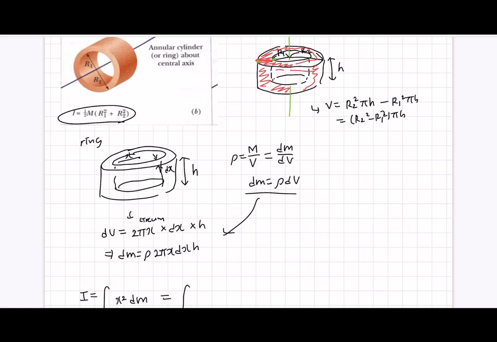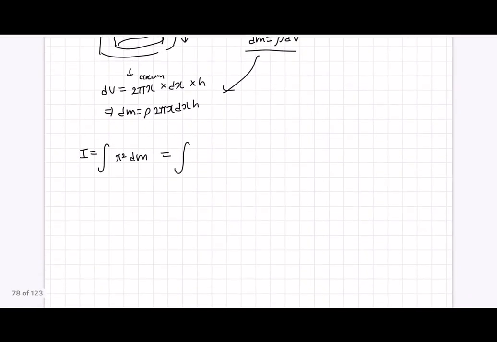Substituting dm inside here, rho 2 pi x dx h, we're going to put the constants out, so it'll be rho 2 pi h integral from r1 to r2, and you have x squared and x, which is equal to x cubed dx.